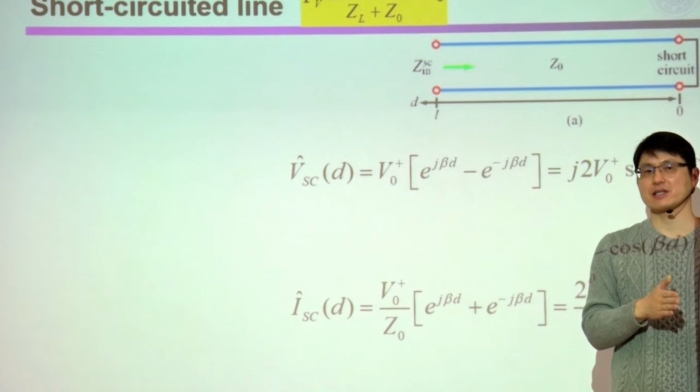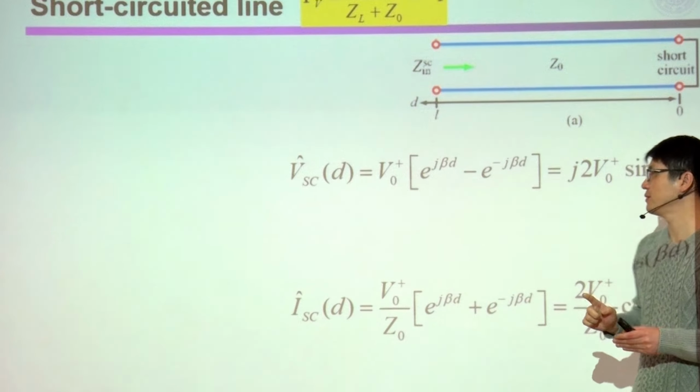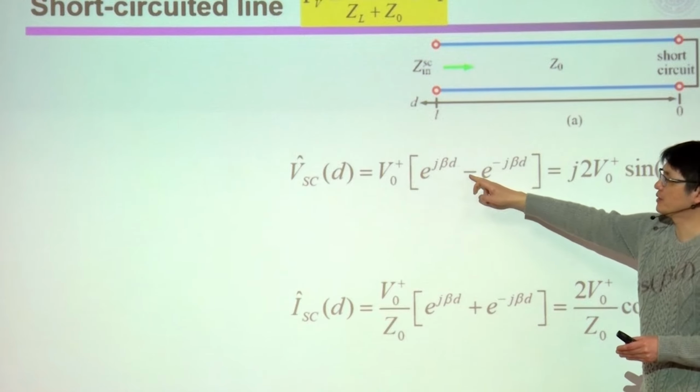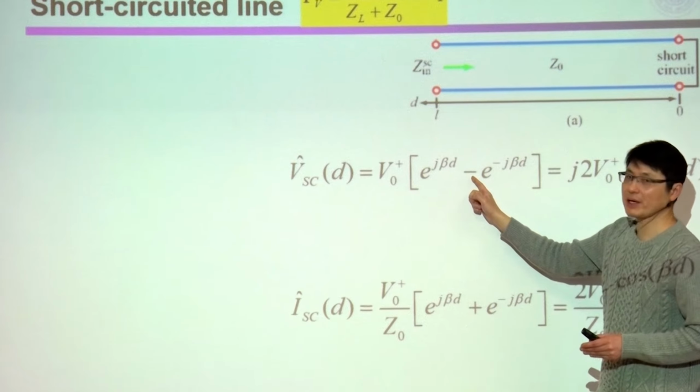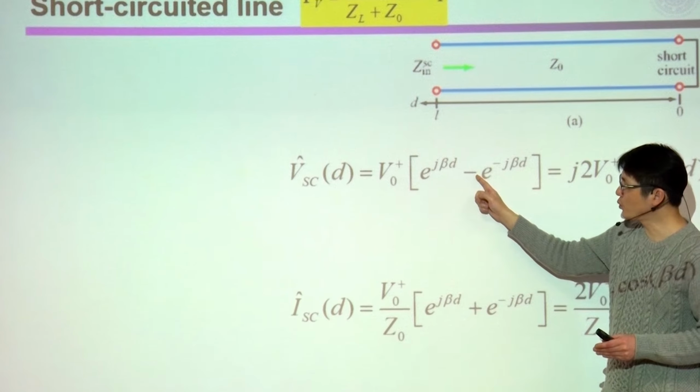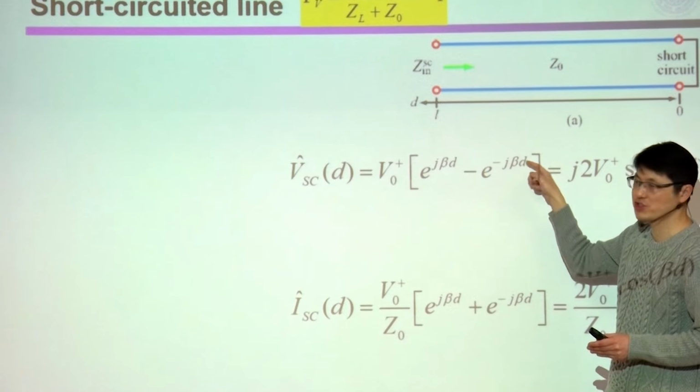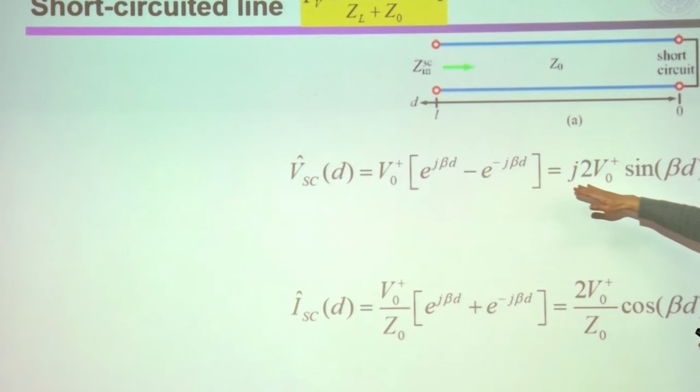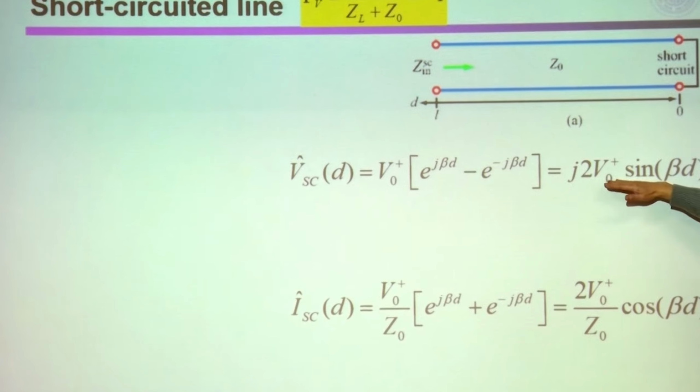So your reflection coefficient is -1. That's why for the voltage, you have -1 times exponential negative j beta d. So this gives you the total voltage phasor as a function of space.